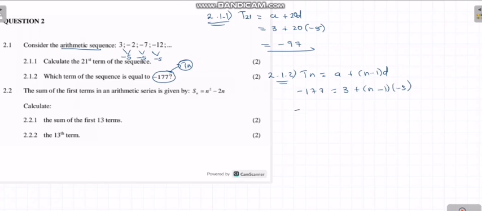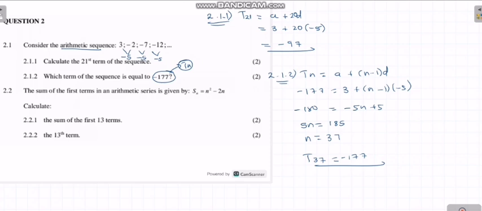So we'll have negative 180, which is equal to negative 5n plus 5. 5n will be equal to 185. Then n is equal to 185 divided by 5, which is 37. So T37 is equal to negative 177. But even if you don't indicate that, it's fine.